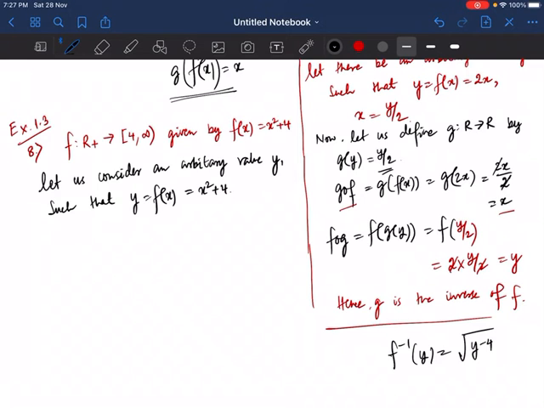So we are taking one arbitrary value y which is equal to fx, and that is equal to x square plus 4. Now you write, for all x element of, what is the domain of f? It is R plus. So for all x element of R plus.